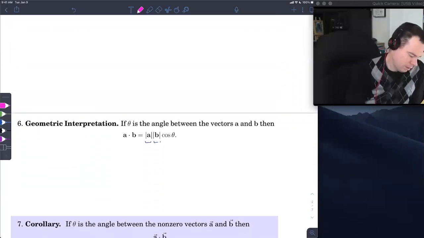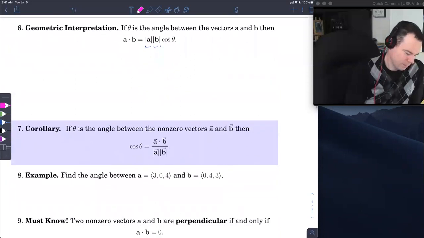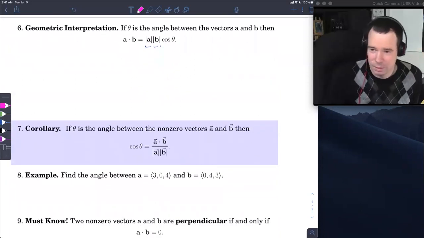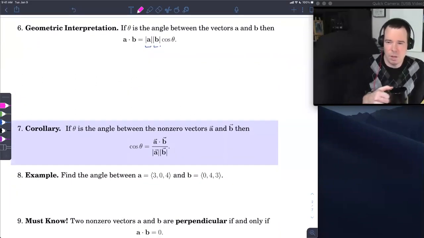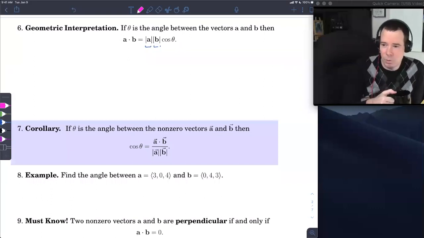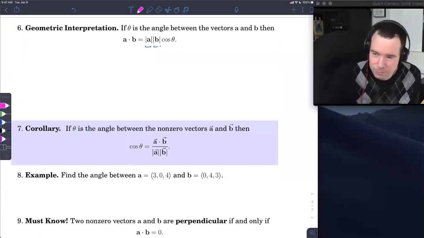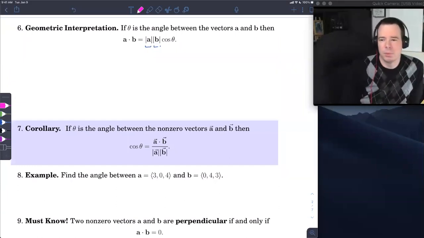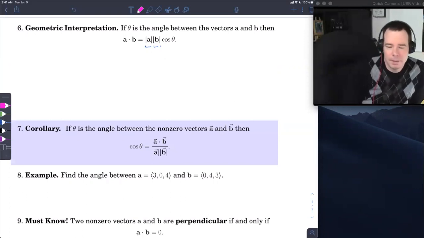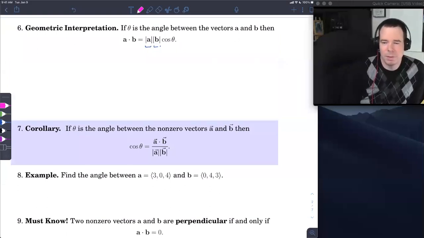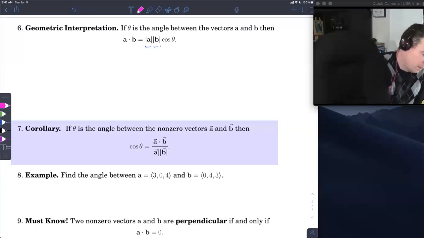Okay, so then we get to the geometric interpretation. Why is this definition of the dot product related in any way, shape, or form to the angle between two vectors? It turns out that this is really just a consequence of the Pythagorean theorem for right triangles. The Pythagorean theorem tells us the relationship between the lengths of the sides of a right triangle.